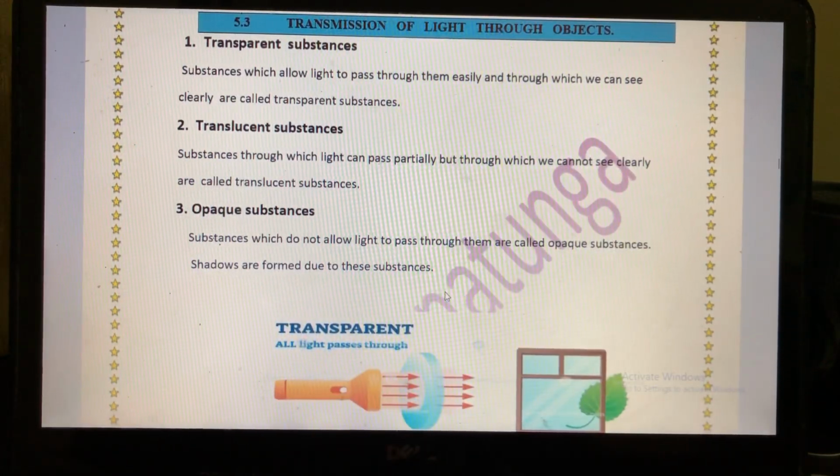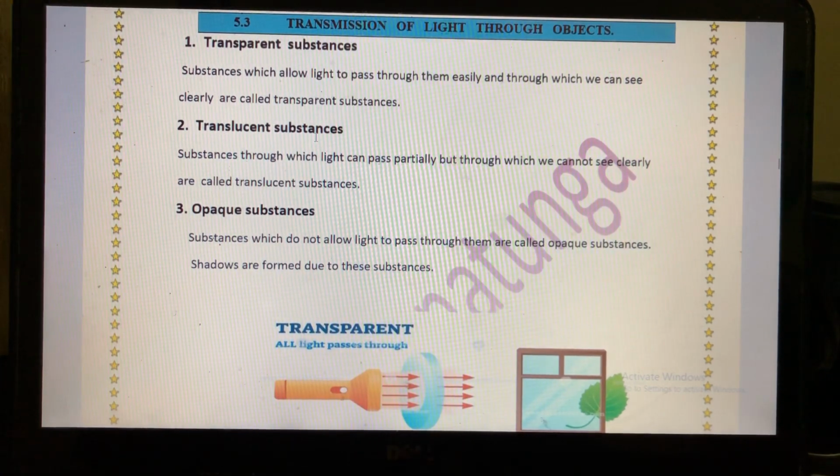5.3 Transmission of light through objects. Transparent substances are the substances which allow light to pass through them easily and through which we can see clearly.